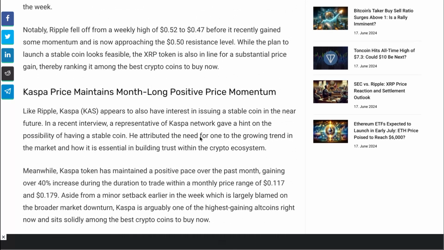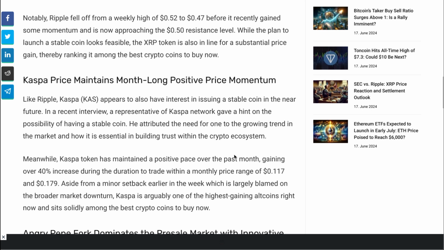Kaspa price maintains a month-long positive price momentum. Like Ripple, Kaspa appears to also have interest in issuing a stable coin in the near future. In a recent interview, a representative of Kaspa Network gave a hint on the possibility of having a stable coin. He attributed the need for one to the growing trend in the market and how it is essential in building trust within the crypto ecosystem.